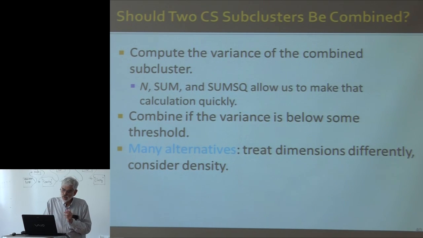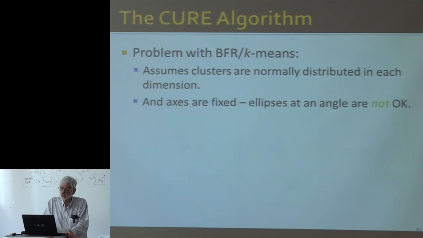Okay, so that's one way that they suggest to do it. And then there are a whole bunch of other ways, which I haven't even listed here, but you can imagine different ways to decide, should I merge 2 members of the compressed set?